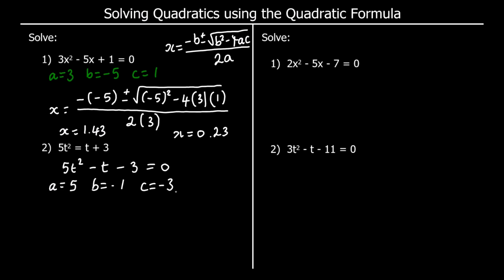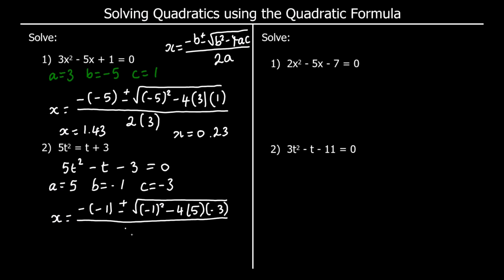So again, we can just type those into the calculator. So it's x equals minus b plus or minus the square root of b squared minus 4 times a times c, all over 2a. So we just type that into the calculator and we get out the answers.